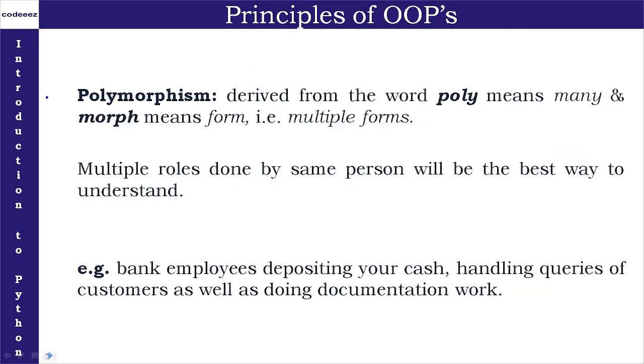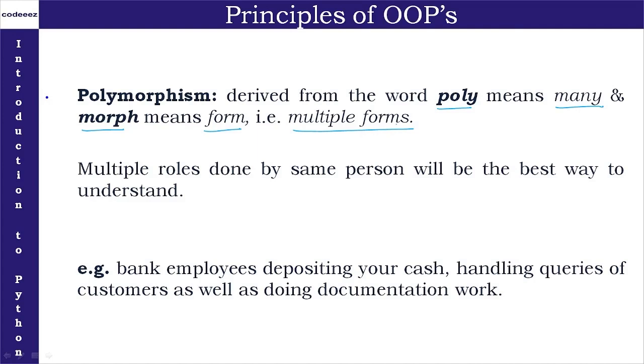Now, the next concept is polymorphism. What is polymorphism? Polymorphism comes from the two words poly, whose meaning is many, and morph, which means form, that is, multiple forms. To better understand polymorphism, again we can take the example of a bank. Suppose that you are in the bank and you ask the bank employee to deposit money.